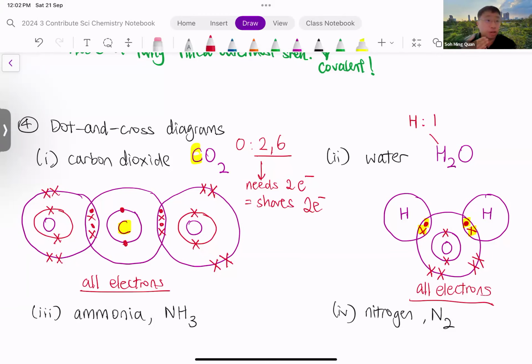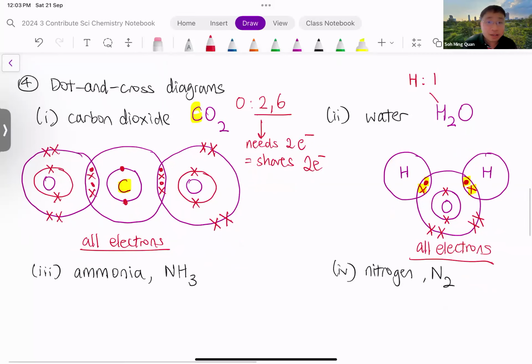The number of electrons it needs is the number of electrons it shares. So oxygen needs 2 electrons, so you share 2 electrons. Share 2 means dot cross, dot cross. Okay, important. Finally, make sure that every single atom has a fully filled outermost shell. Make sure you count and make sure it adds up to the fully filled outermost shell number.